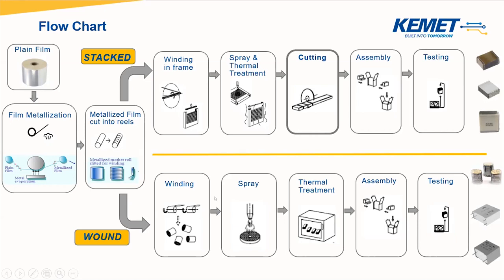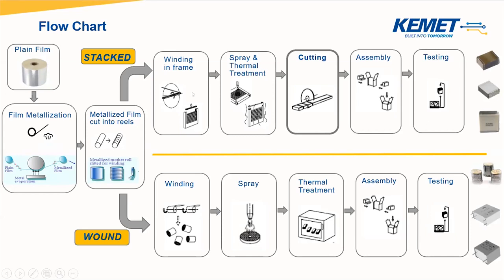After the winding, we have the spray phase, so we apply additional conductive material on the termination of the element. Then we have some thermal treatment for mechanical stabilization. Finally, the assembly, where we apply wires or other types of connection, and then the electric testing before shipping the parts. So this is the result of the element inside the capacitor when we have the wound construction.